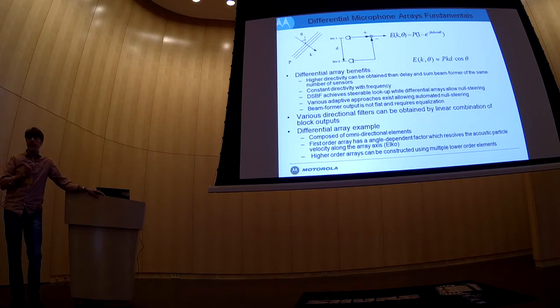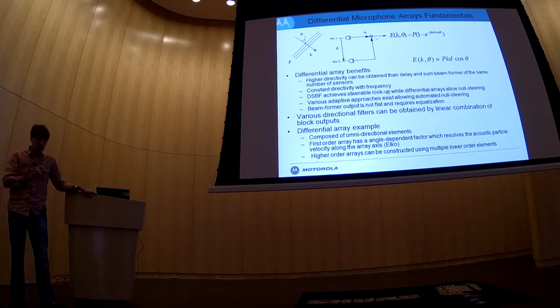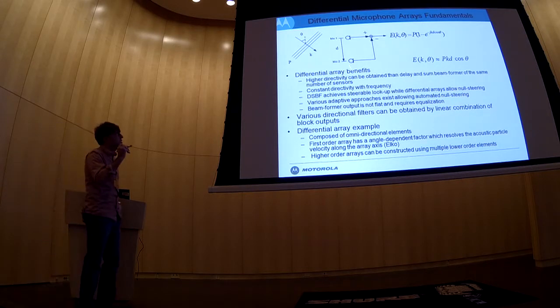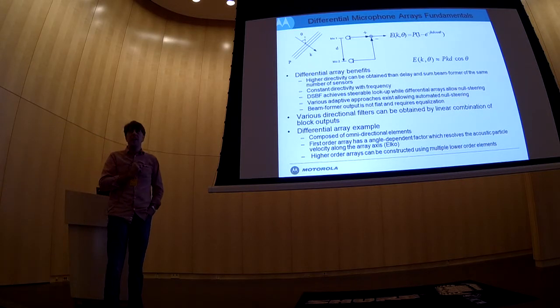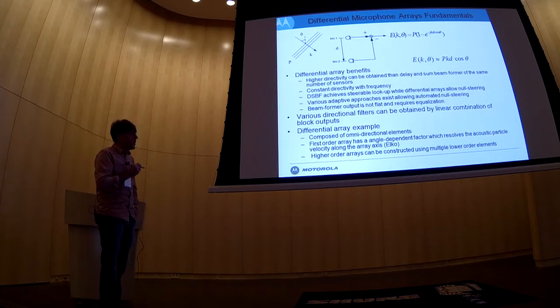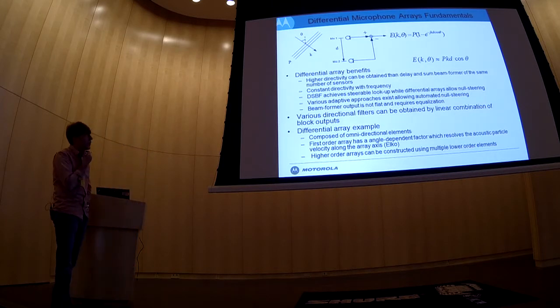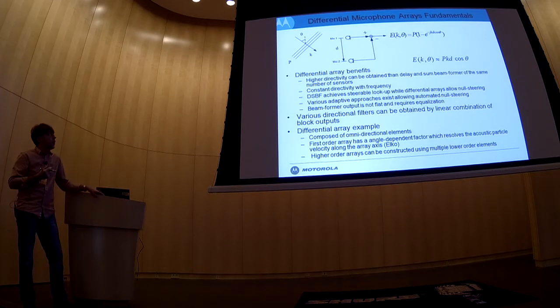The differential array has its maximum sensitivity always in the direction of the line connecting the two sensors, always. The null, or the minimum sensitivity of the array, could be steered in other directions. And that's why in the art, this is usually referred to as an end-fire array, whereas the delay and sum beamformer operates in a broadside direction also.